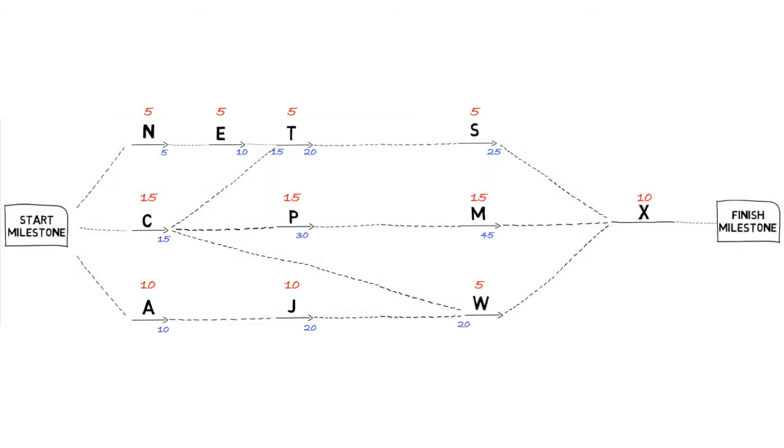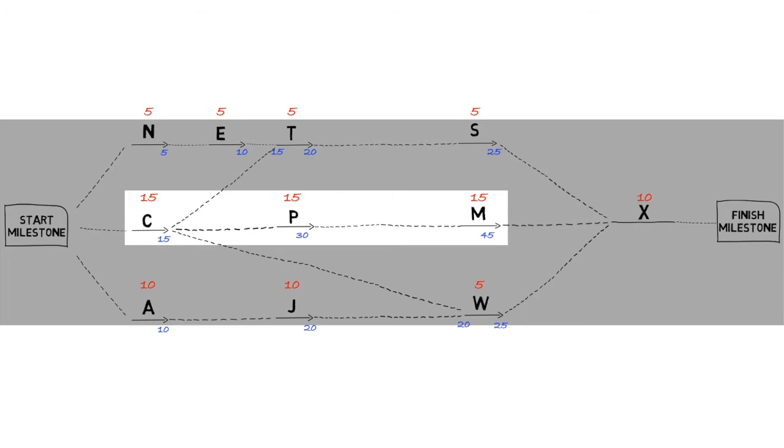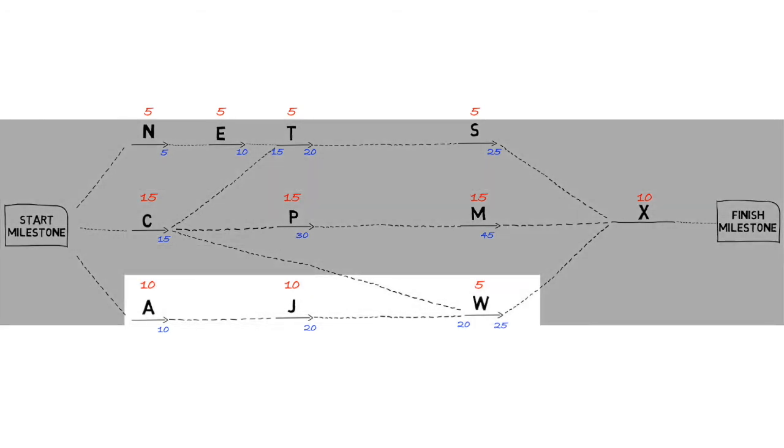We now have 20 at J plus the 5 at W equals 25. So of our three paths, we can see that N to S equals 25, C to M equals 45, and A to W is 25.